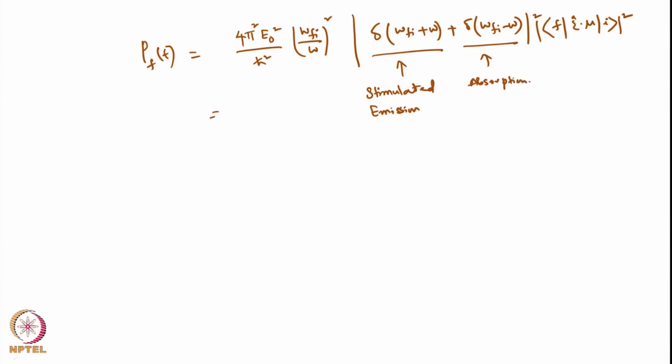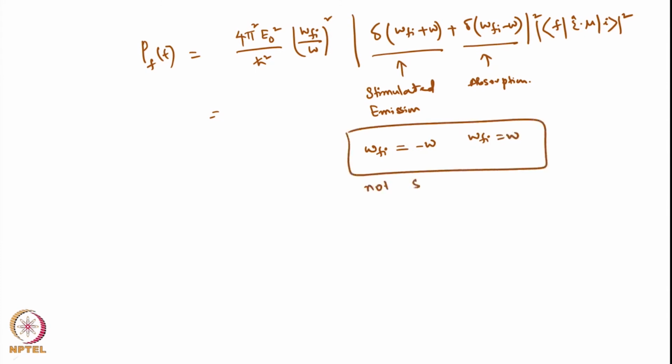Now, it turns out that it is not possible for ω_Fi to be equal to ω and ω_Fi to be equal to −ω simultaneously. That means stimulated emission and absorption cannot happen simultaneously. They have to happen one after the other.